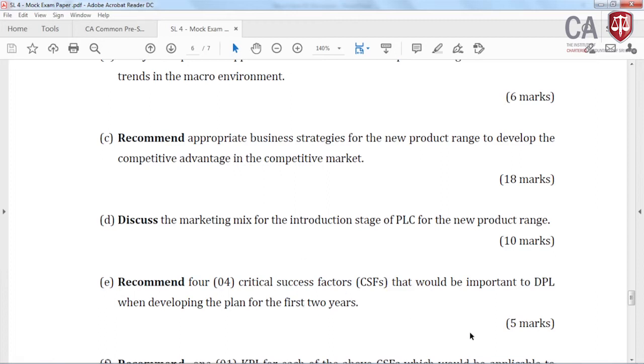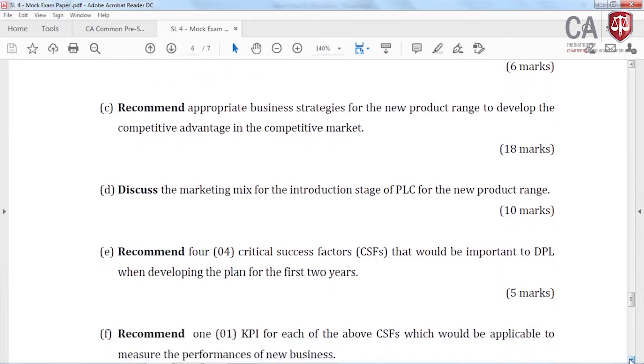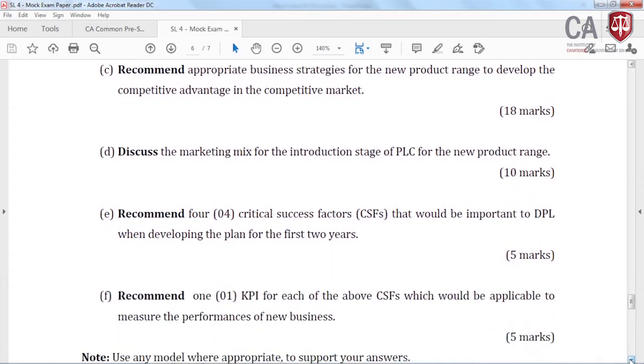If you look at part E, what is the requirement of part E? Recommend 4 critical success factors that would be important to DPL when developing the plan for the first 2 years.